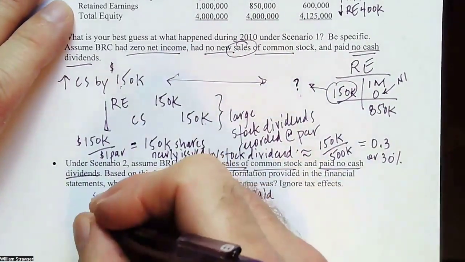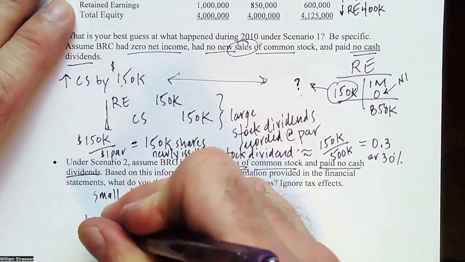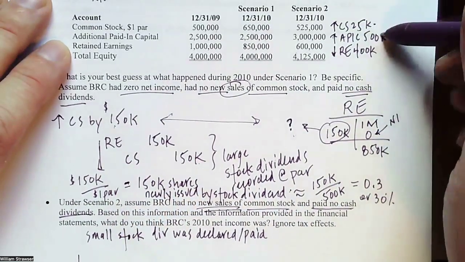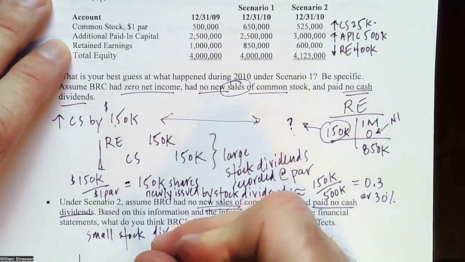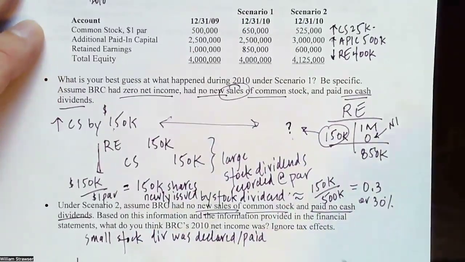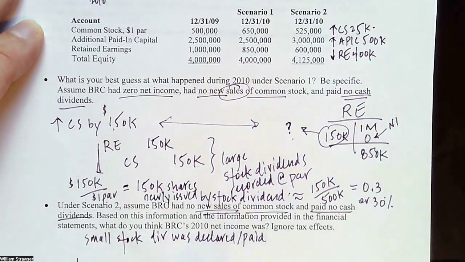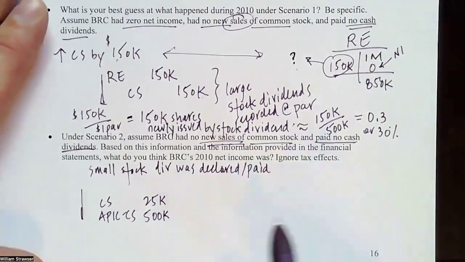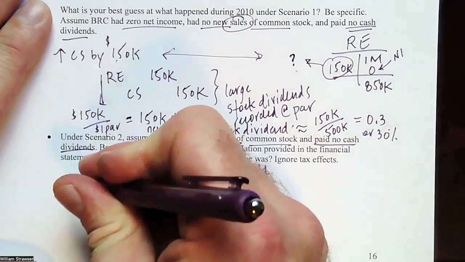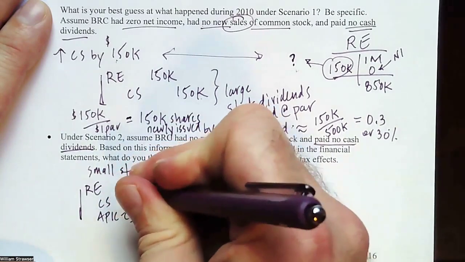And when we record that transaction, we would credit common stock and APIC for 25 and 500 respectively. That will push them in the direction that we noted, increasing them both, from 500 to 525 and from 2.5 million to 3 million respectively, with this entry. If this is our small stock dividend, then we debit retained earnings for the total of those two, which is 525,000.